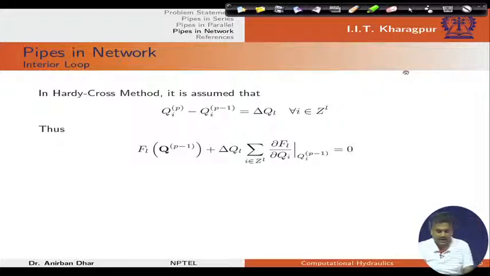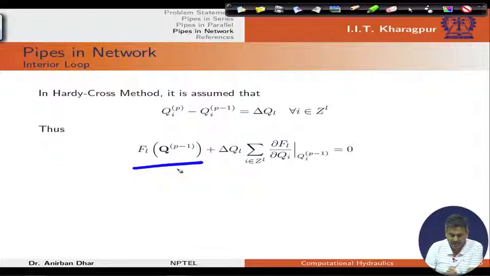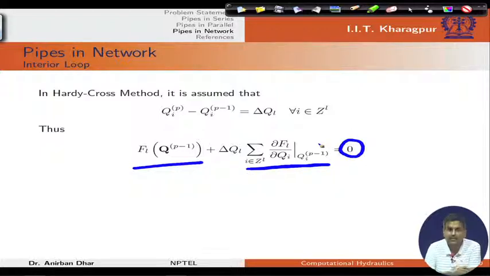Now, if I write that, then actually that is equivalent to FL Q P minus 1 into del QL. So, I can take out this del QL directly, and I can add this quantity there. On the right hand side, as per our convention, if I iterate, in the next step itself I am reaching the desired value. So, obviously the right hand side equals 0.